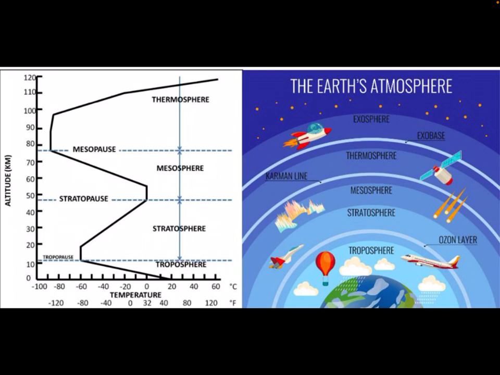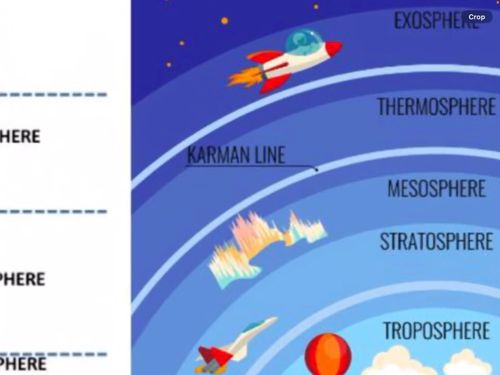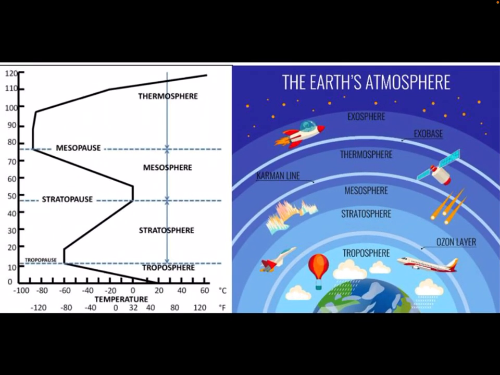Next to the mesosphere there is the thermosphere. The thermosphere is present at around 100 kilometers. The Karman line is here. The Karman line is an imaginary line from the Earth's surface to about 100 kilometers, and it is considered the last point of the atmosphere. Beyond the Karman line space starts, ऐसा माना जाता है.